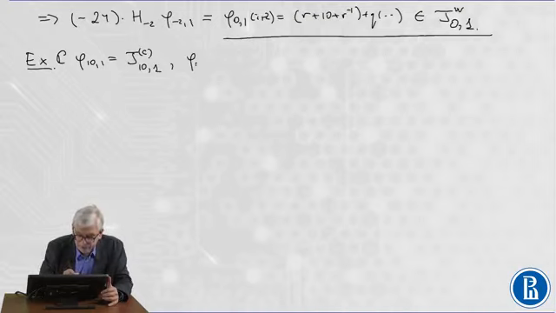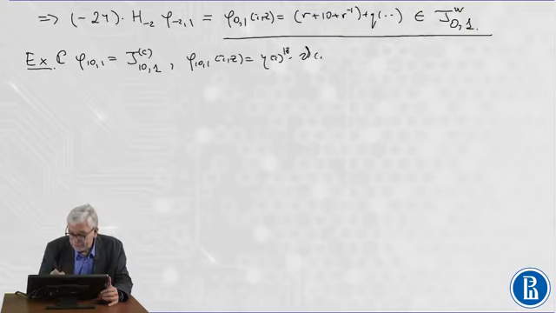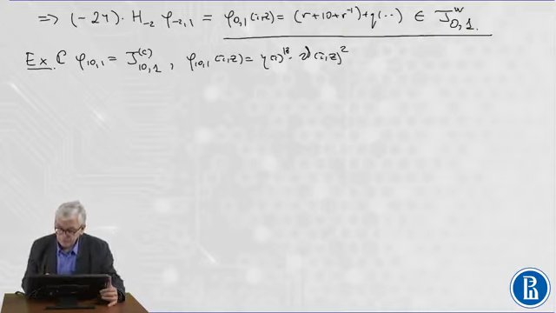Then this function is equal to the eta function to the power 18 times the square of the Jacobi theta series.